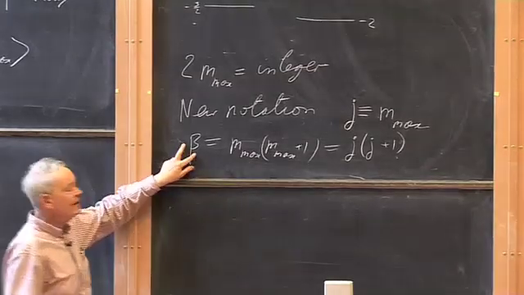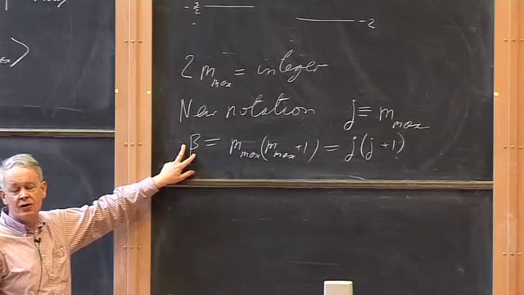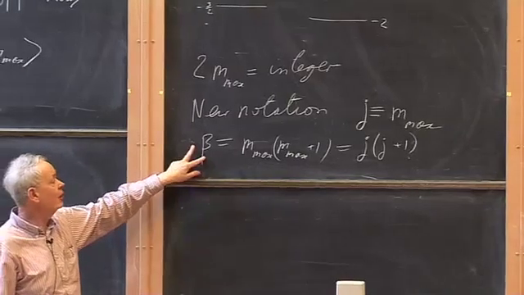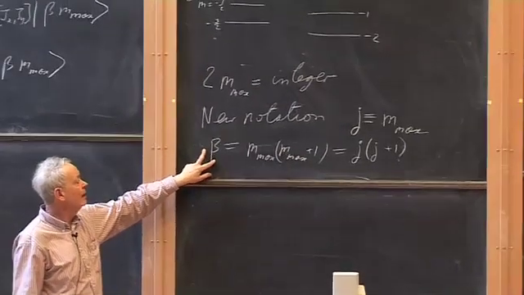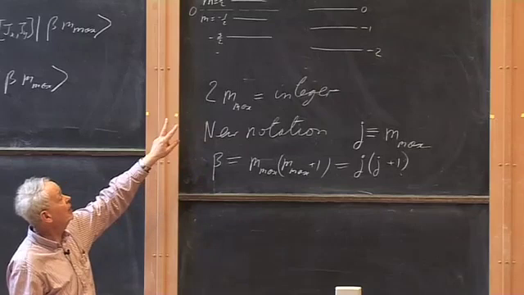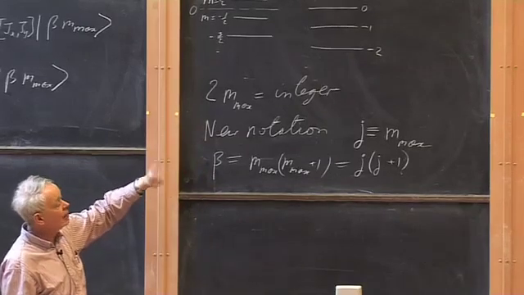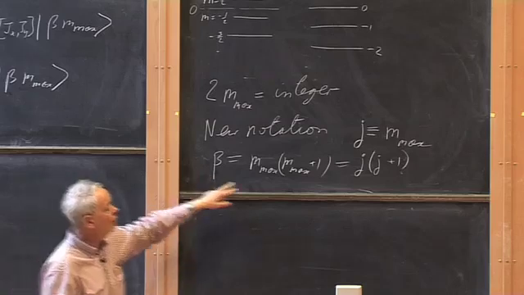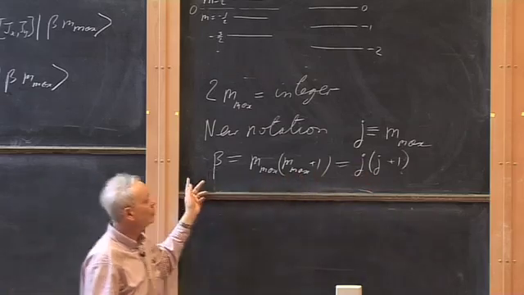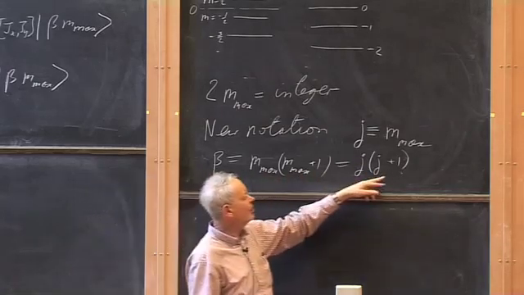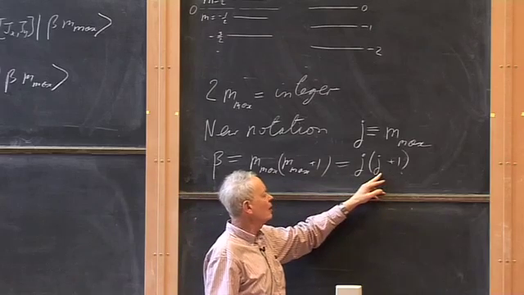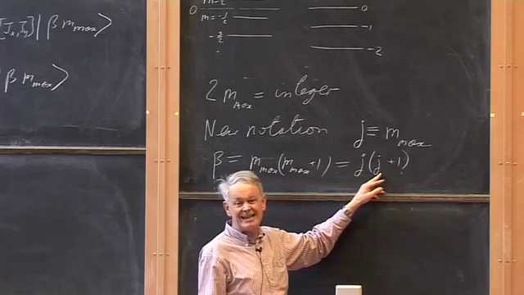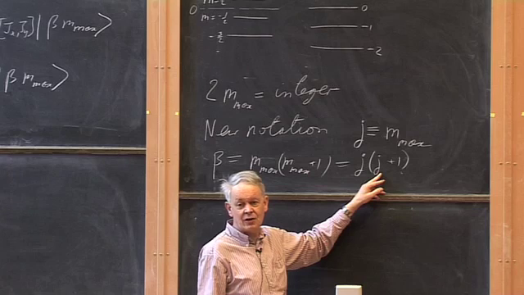Therefore, this beta number is sometimes an integer. So if j is an integer, this is an integer. For example, a possibility is that j comes out being 0, in which case beta is 0, or j might come out being 1, in which case beta would be 2, or j might come out being 2, in which case beta would come out being 6. We have a sort of funny selection of integers.